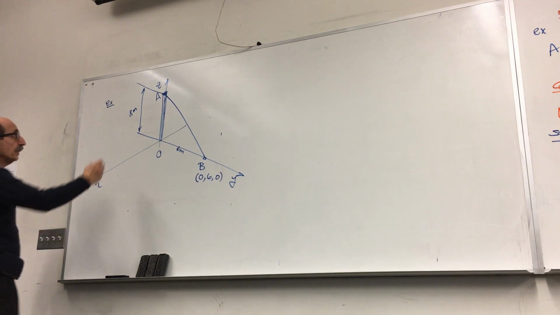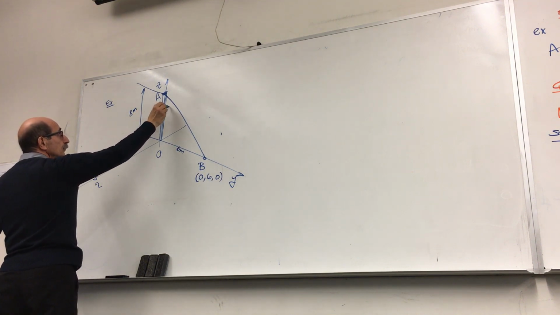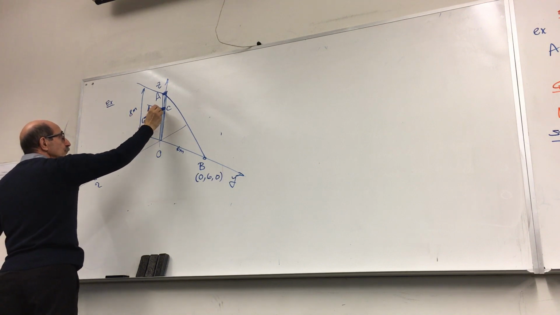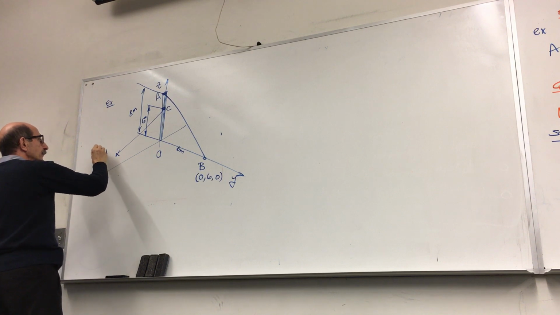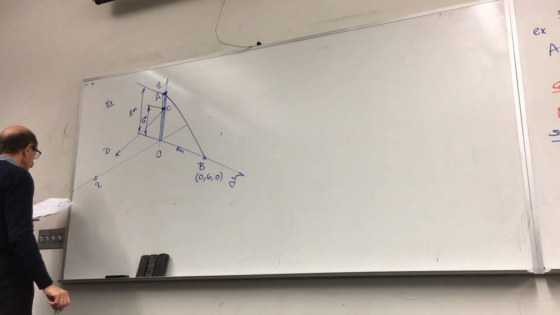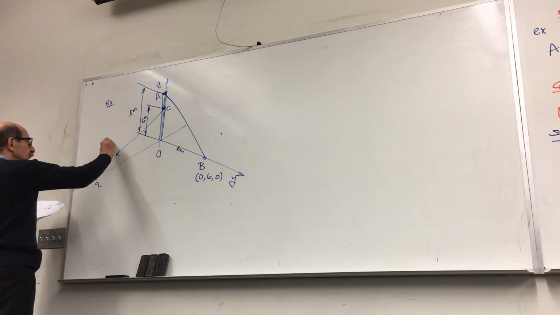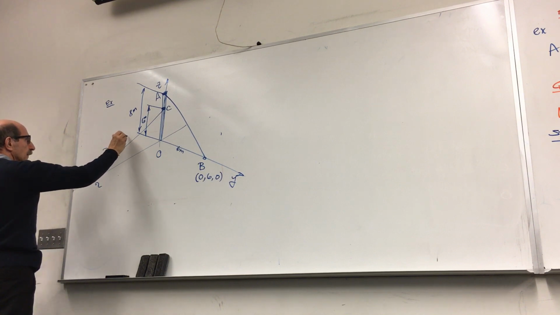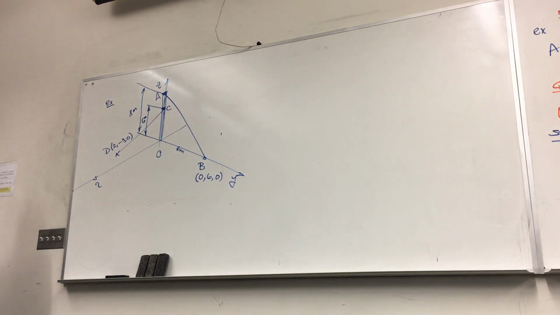And another cable is attached to point C, which is at a height of 6 meters, to a point D. Coordinates of point D are given: x2, y of -3, and height of 0, obviously, because it resides on the xy plane.